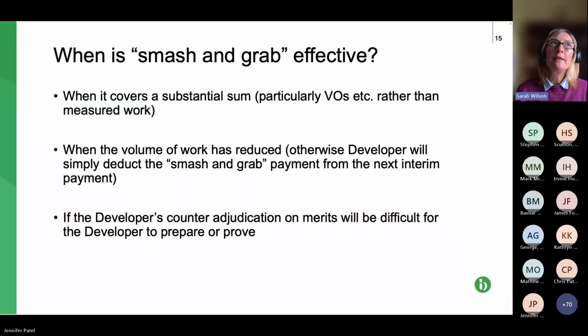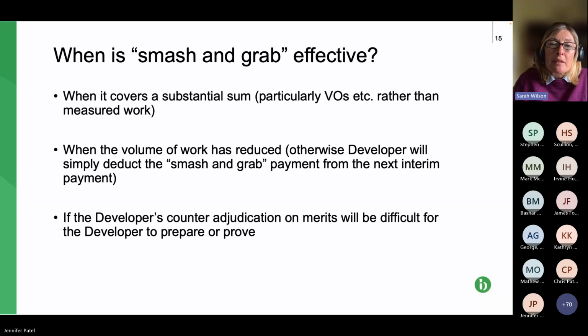So when realistically is a smash and grab most effective? Well, if you think about it, it's not going to be effective in months 1 or 2 of the project, because whilst the paying party might make deductions, might not pay the full amount of the IPA, by the time you've adjudicated, they're probably onto the second interim payment process, and the sums that were claimed in the first have probably been paid.